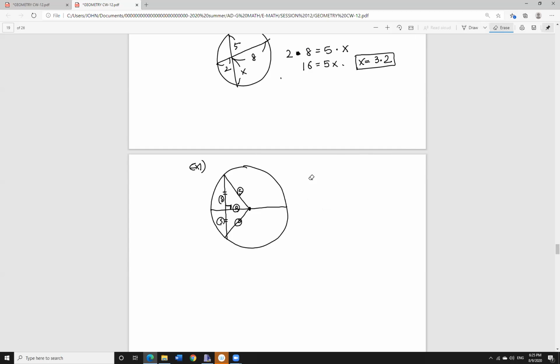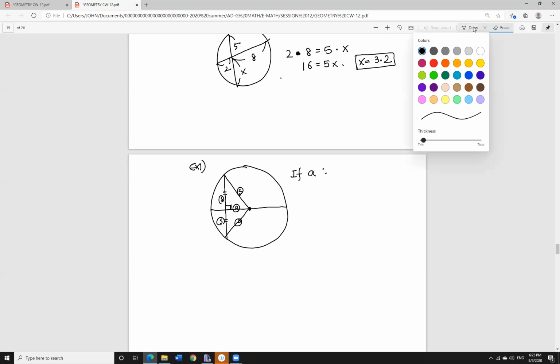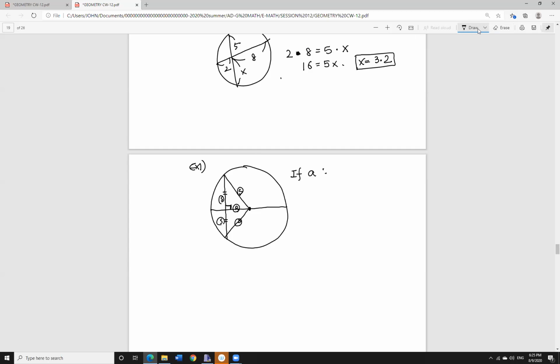If a diameter perpendicularly bisects a chord.